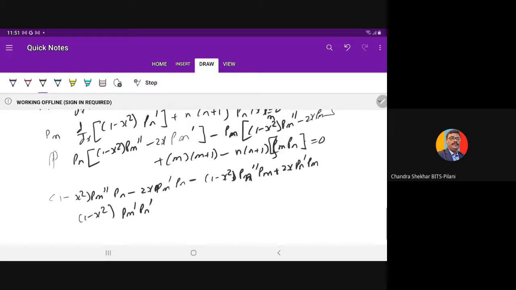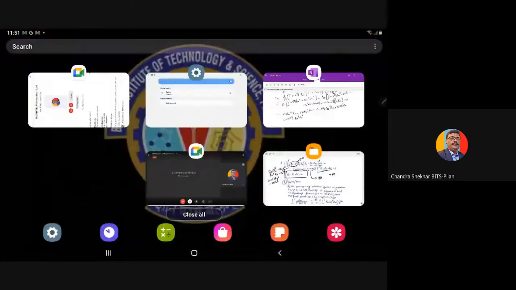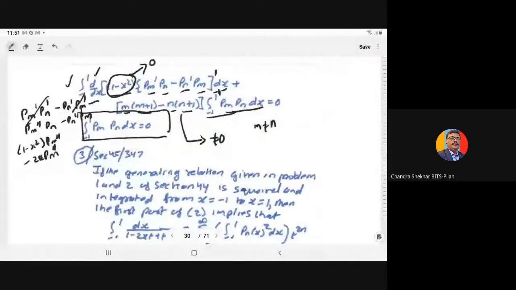And what is the differentiation of this term?